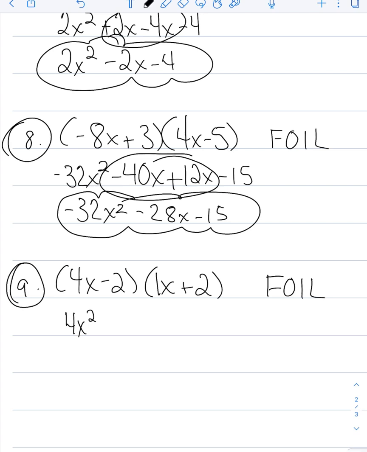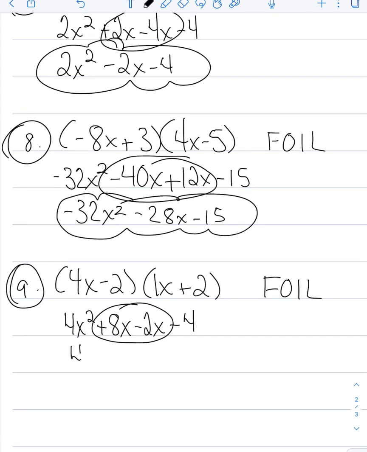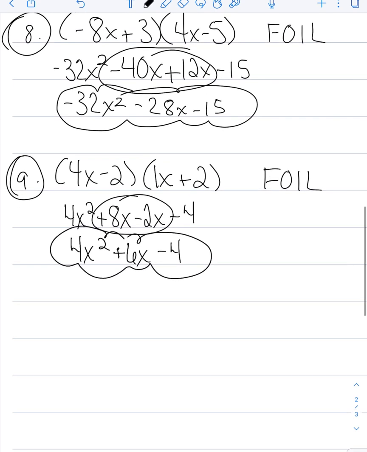Outside, 4x times 2 is positive or plus 8x. Inside, negative 2 times 1x is negative 2x. And last, negative 2 times 2 is negative 4. I do have like terms to combine, so I'm left with 4x squared, 8x minus 2x is positive 6x, minus 4. So this is my simplified product.